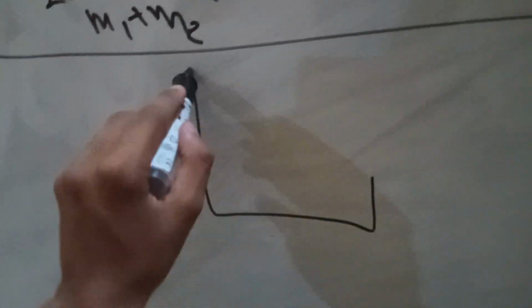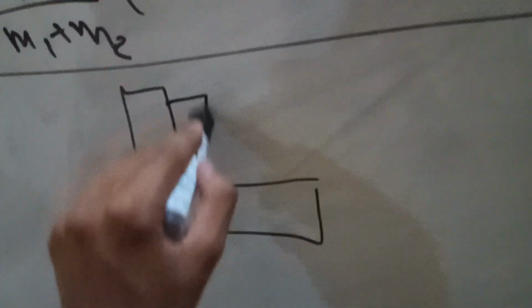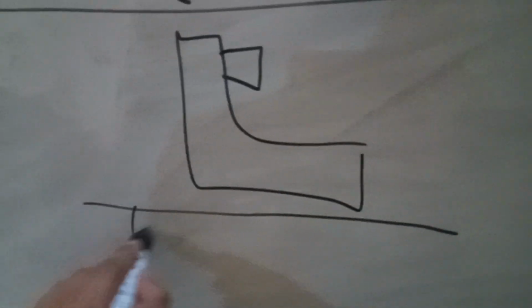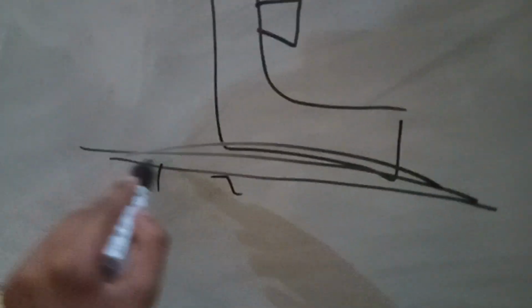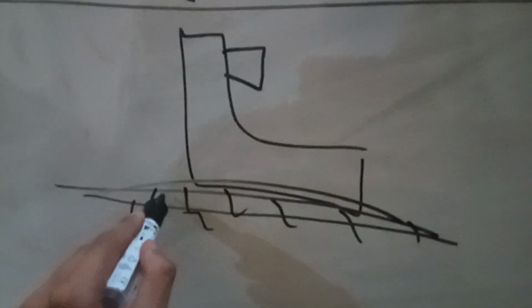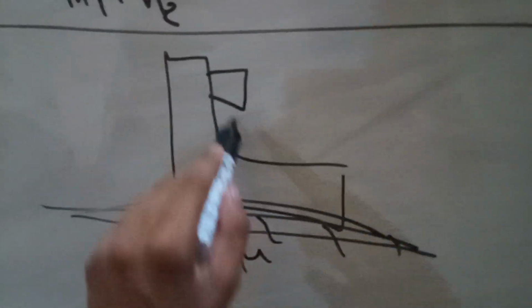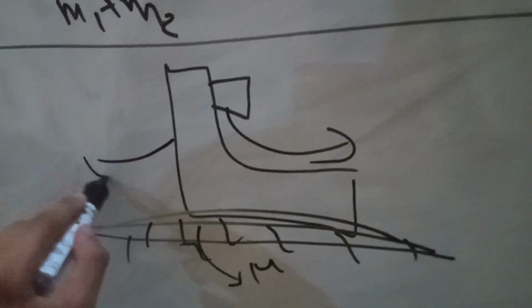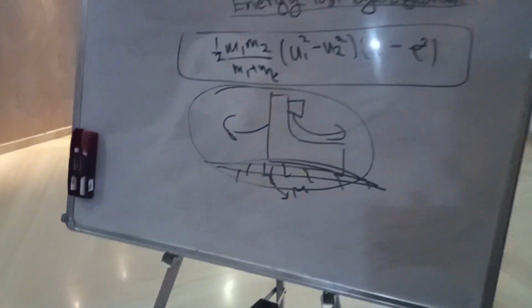And one more model is there, where a block will be released from here, and this surface is smooth, so it will go like this. That part will come with the center of mass concept, so I did not take that.